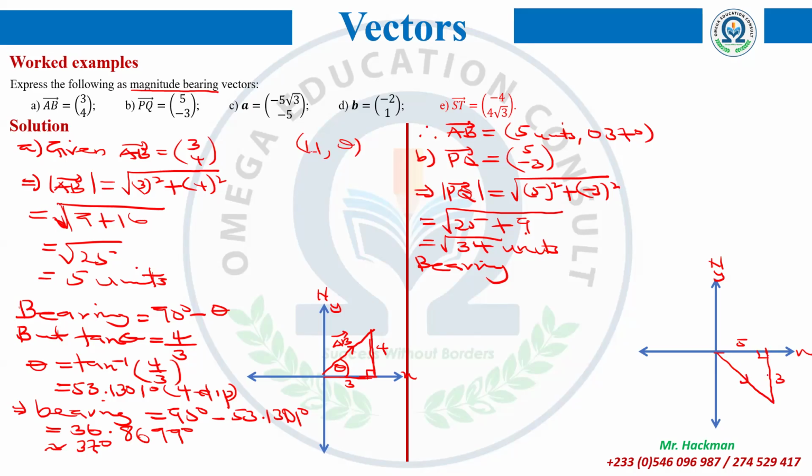Then you do this. So your vector here, what's the name of the vector? PQ. So let me indicate my arrow, then the PQ. Point well made, my professors. In this case, if I know the angle here, theta, I know my bearing, because the bearing will be equal to 90 degrees plus theta.